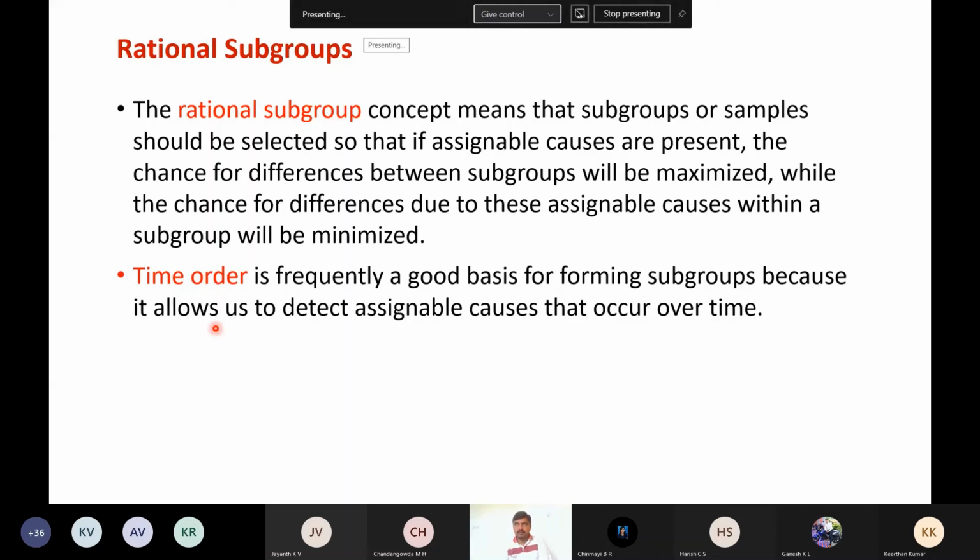If you are taking 5 samples after 1 hour, you are taking another 5 samples after the second hour, again 5 samples after the third hour, again after 4, 5, 6, 7, 8. So how is it better to make subgroups like this?